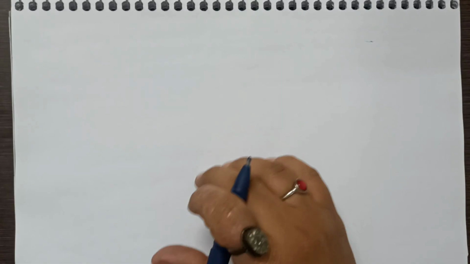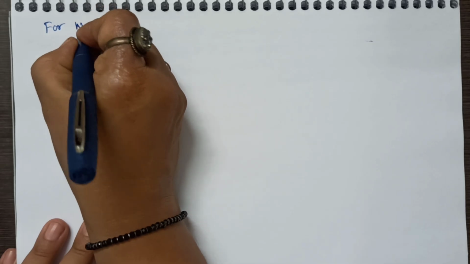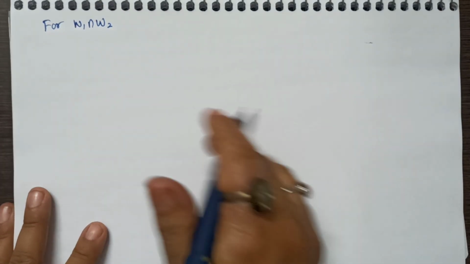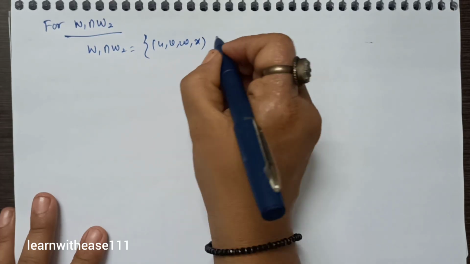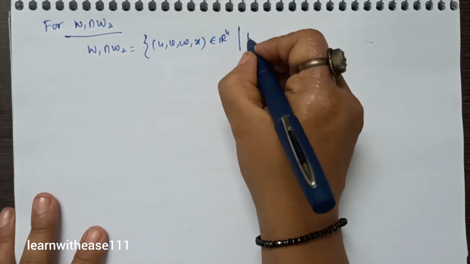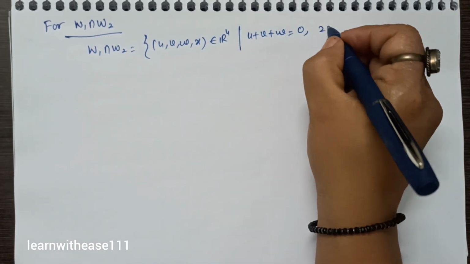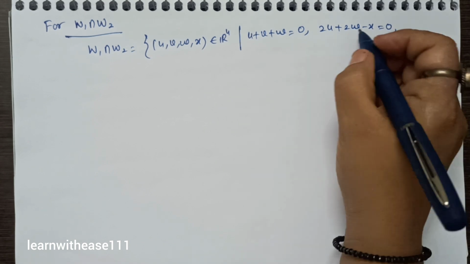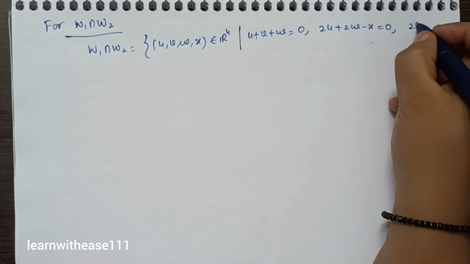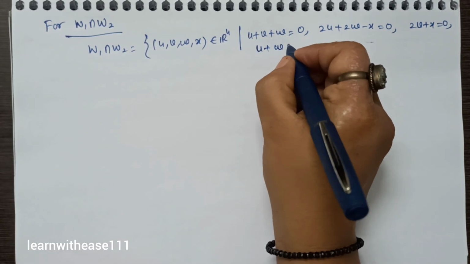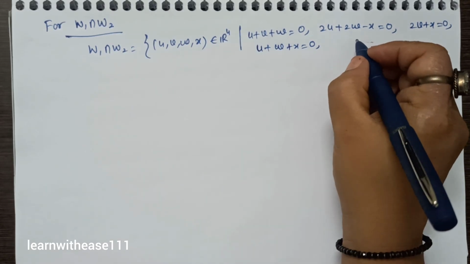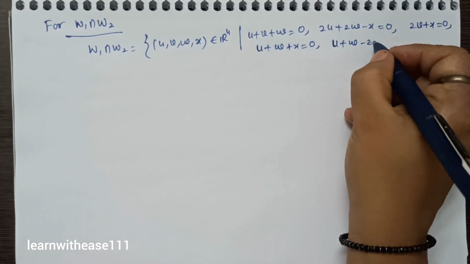First of all, the intersection W1 intersection W2. It will follow all the conditions which were in W1 as well as in W2. So it will be a subspace of R4 with 6 conditions given to us, out of which we will be checking which of them are linearly independent. Obviously not all of them are linearly independent because the maximum dimension is 4.